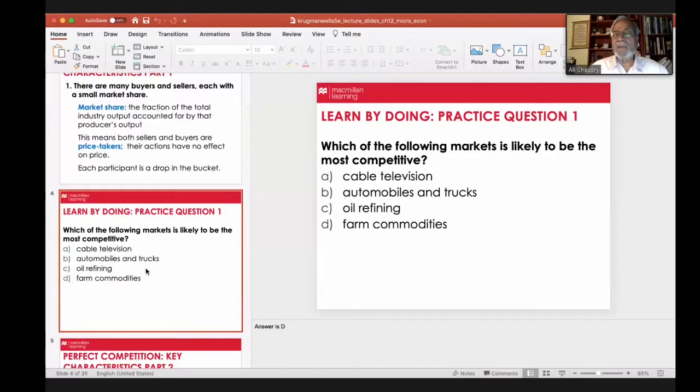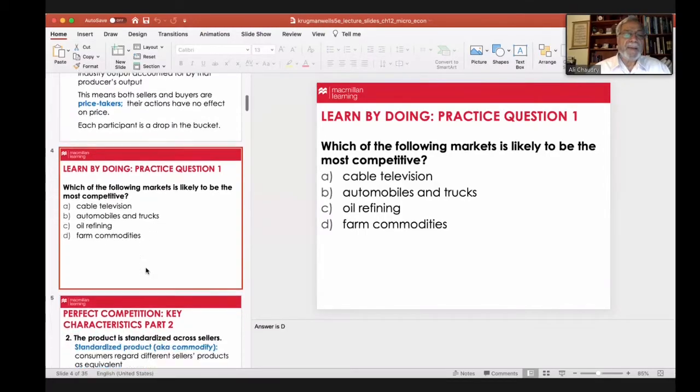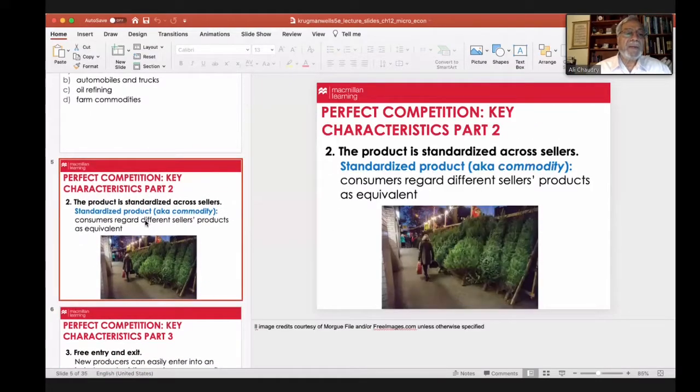Right? You can count them on your fingers. So again, the emphasis is on the number of players and their power, their market share. Okay? All right, let's take a look at another one.